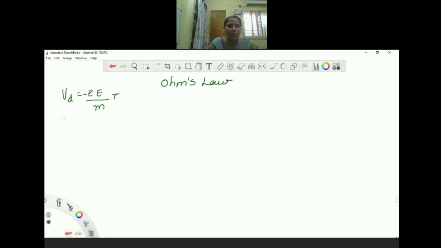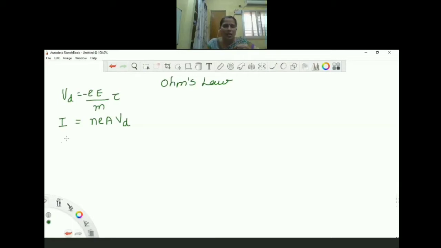And we also know the expression for current in terms of drift velocity, which is I equals n e A Vd, where n is the number of electrons per unit volume.